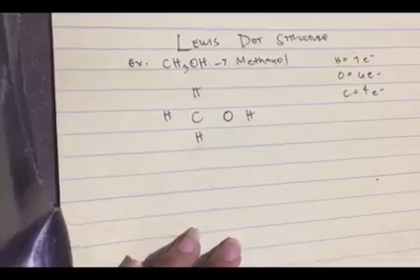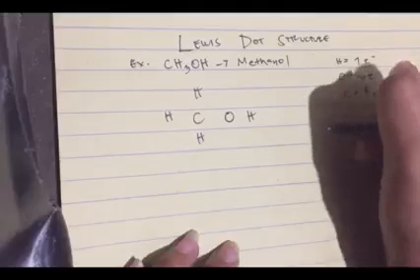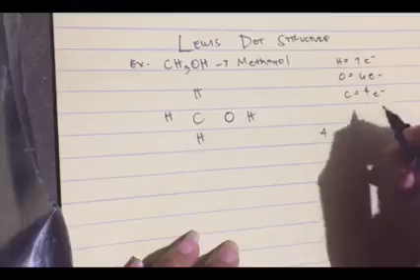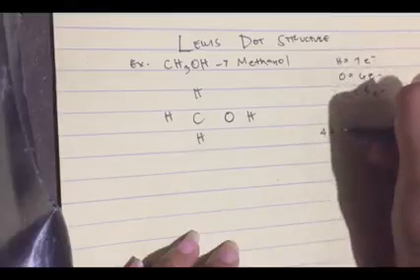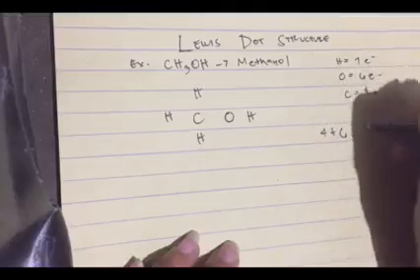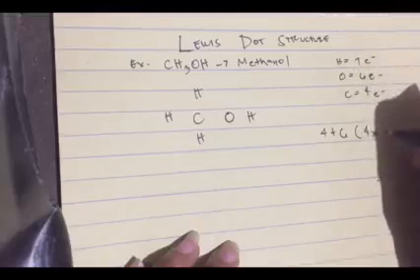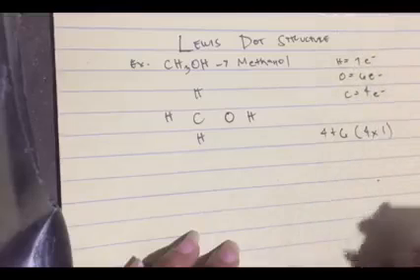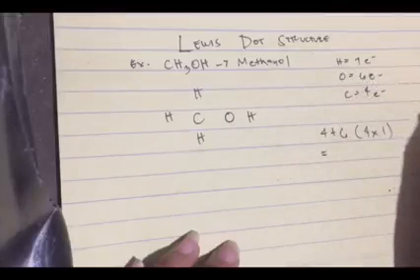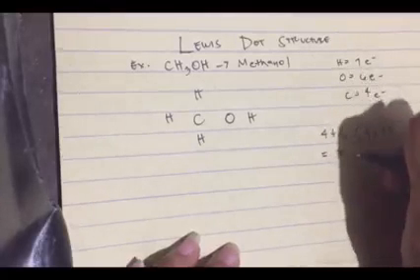So what we need to do is add 4 carbon valence electrons plus 6 valence electrons of oxygen and 1 valence electron of hydrogen, which equals 14 valence electrons.